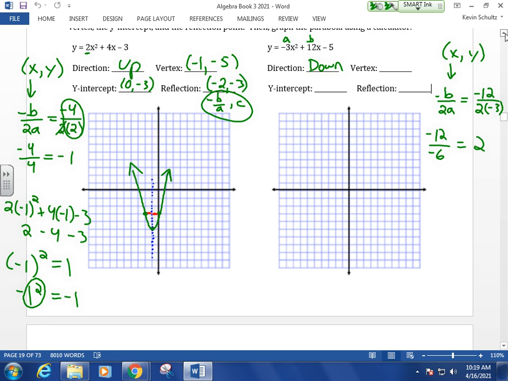Okay, so the x value of our vertex is 2. We got that from the formula. And now to get that y value, we take that 2, we plug it into the original equation, and we solve. So we have negative 3 times (2) squared. Notice I'm putting my 2 in parentheses, even though it's positive. Just get in the habit of it. Okay, so negative 3 times 2 squared plus 12 times 2, and then minus 5.